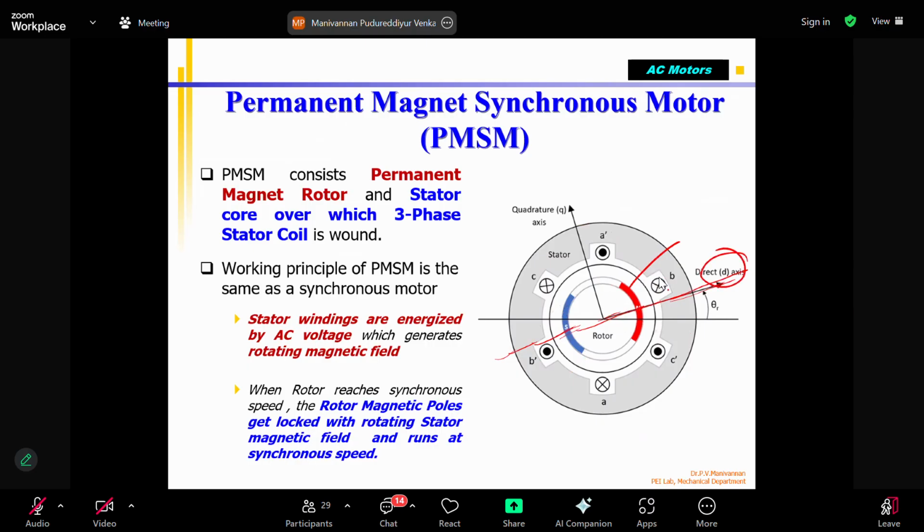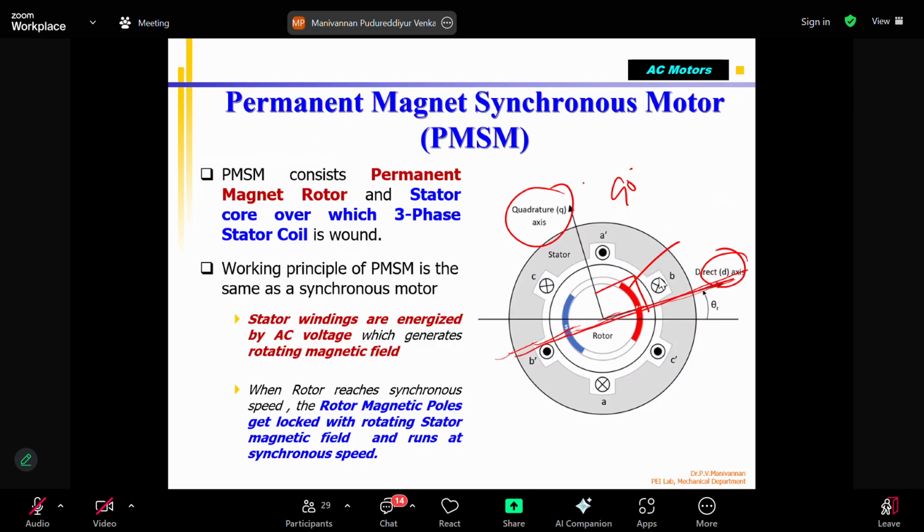Okay, exactly 90 degrees to this axis is called quadrature. Quadrature means 90 degrees. In trigonometry, quadrature angle means 90 degrees. With respect to the rotor magnetic axis, which is called direct axis, that is nothing but the line connecting north and south pole of the rotor. Correct? The center line. That is called quadrature angle.